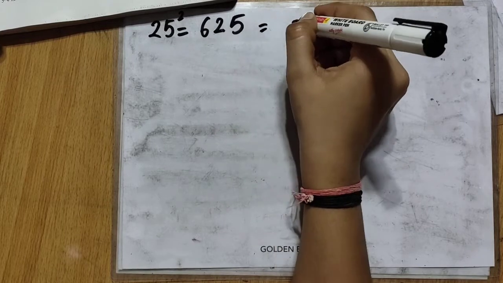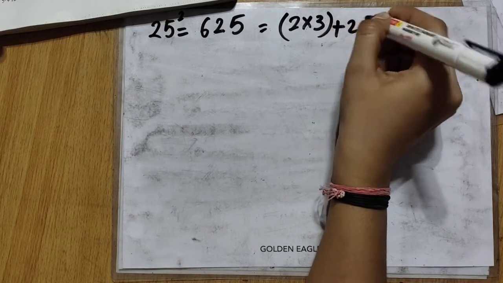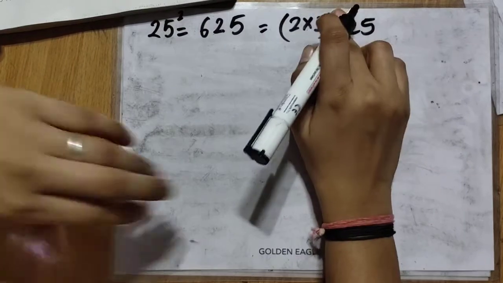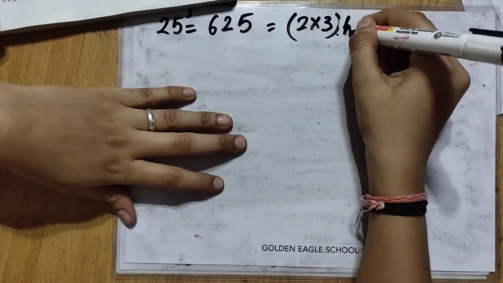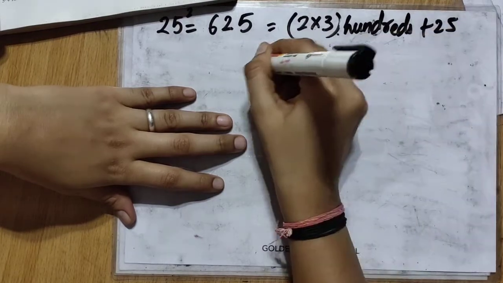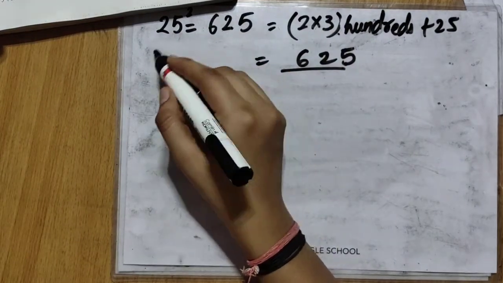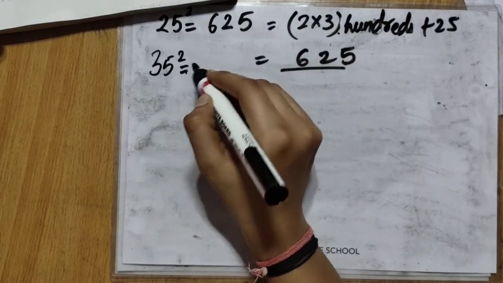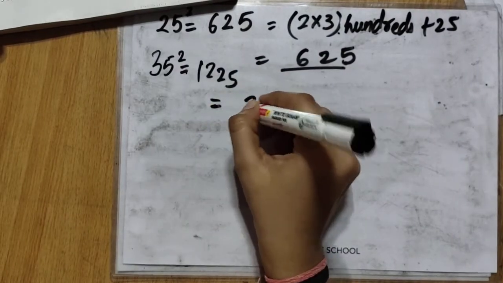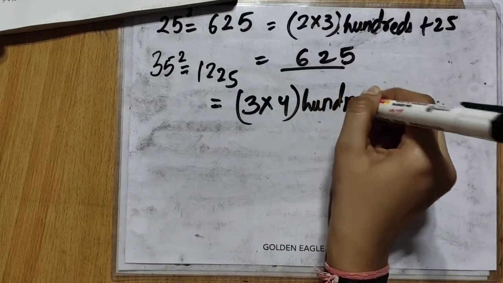That is equal to 2 into 3 hundreds plus 25, that is 625. This is also a pattern. Similarly, 35 square will be 1225. This can be written as 3 into 4 hundreds plus 25.